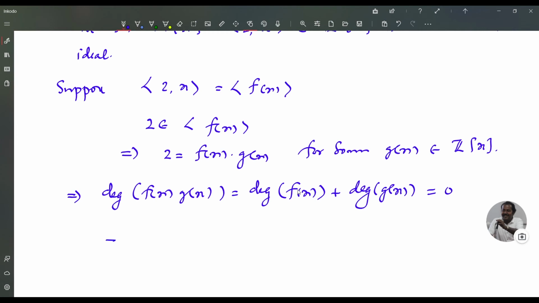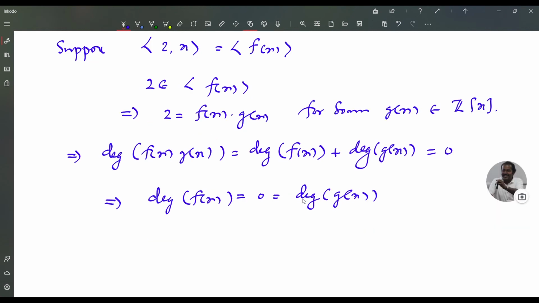So this implies the degree of f(x) equals 0, that is equal to the degree of g(x). Therefore, there exist a and b in Z such that f(x) equal to a and g(x) equal to b, for a, b belongs to Z.